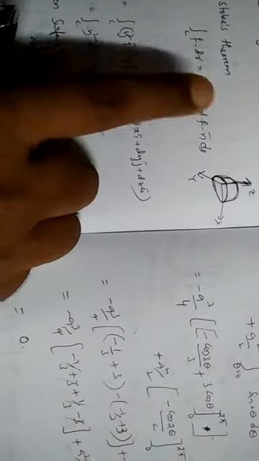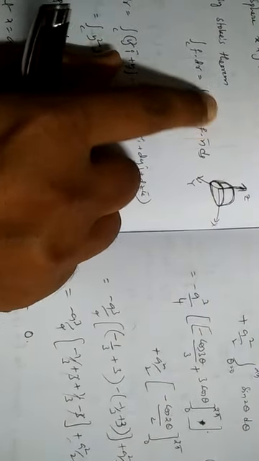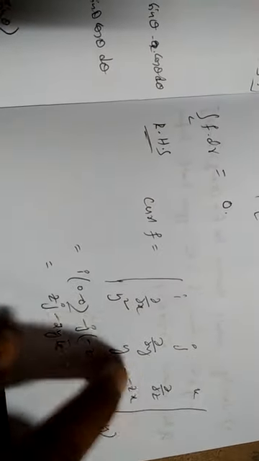Next, find the value of the RHS. Before evaluating the RHS, first I will find curl F. Curl F is the determinant with i, j, k, dou by dou x, dou by dou y, dou by dou z, and y square and yzx. Now i into: zx with respect to y is 0, y square with respect to z is 0, so 0.